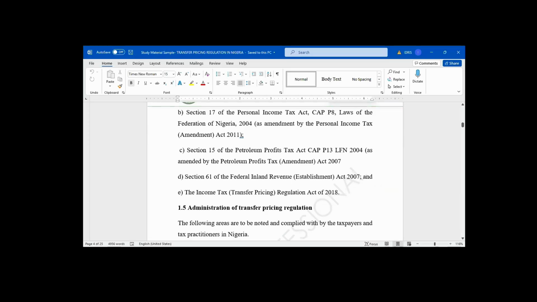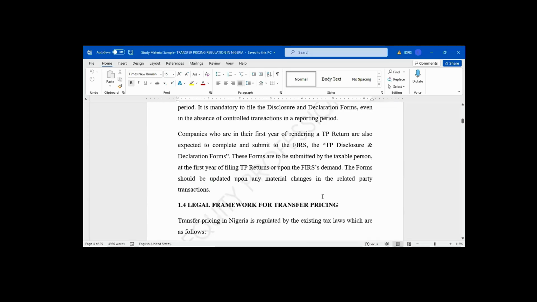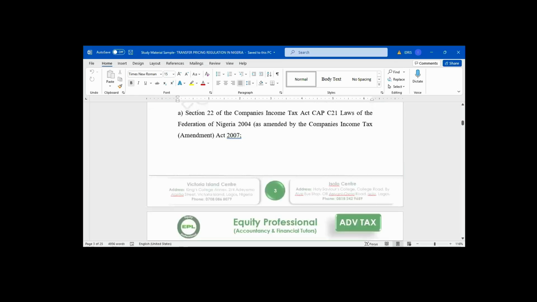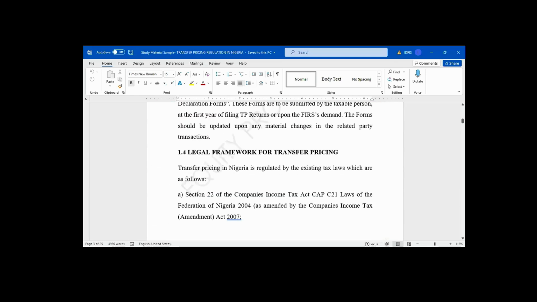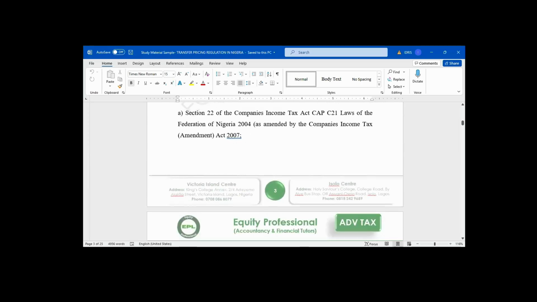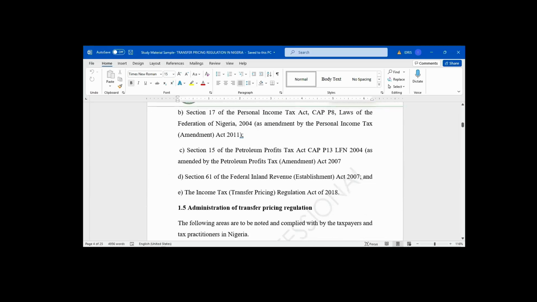Those are the laws. These are the regulations or legal framework that guide transfer pricing. So please, let's take note of this. They are about 5 in number.